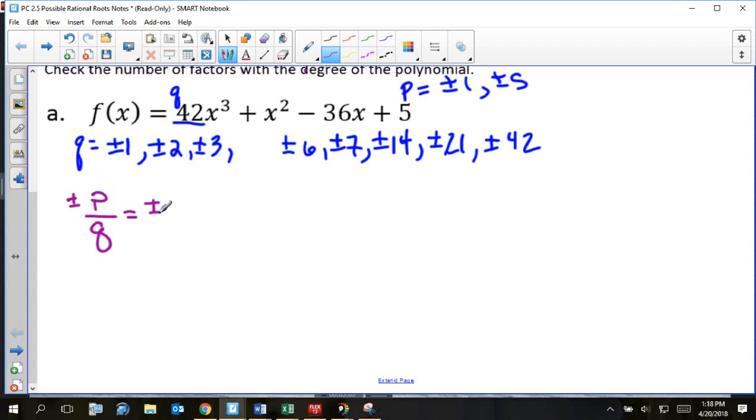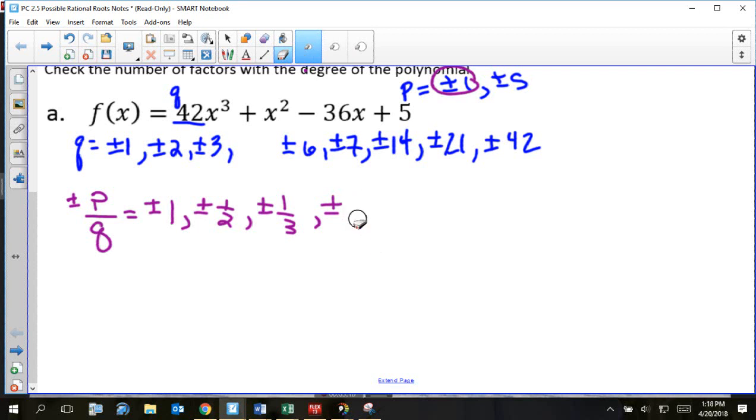So I'll start with 1. Put that over all of my q's. So 1 over 1 is 1, plus minus a half, plus minus a third, plus minus a fourth. Nope, not a fourth. I don't know why I keep wanting to do that. 6.